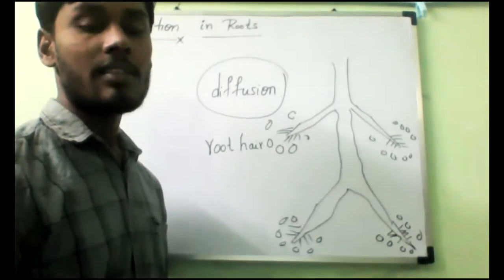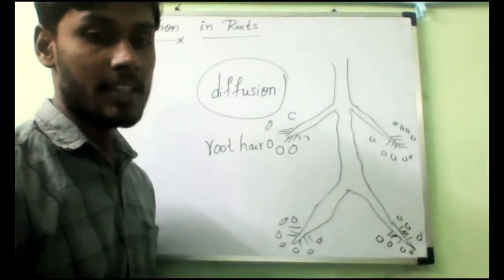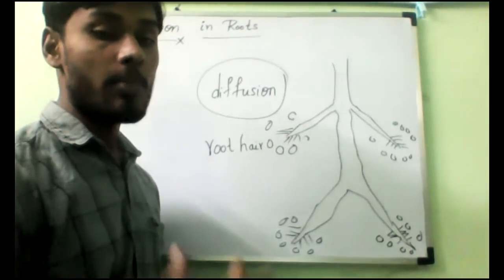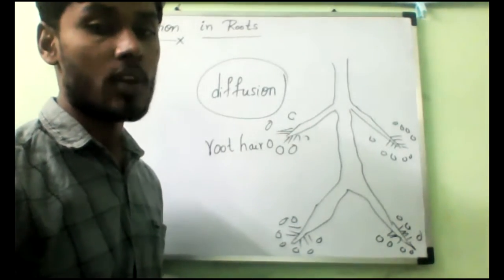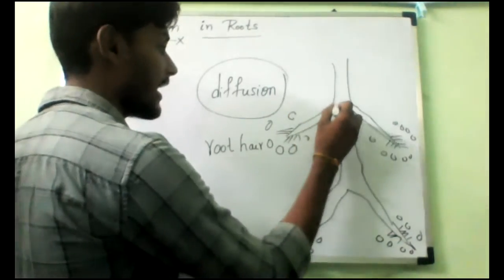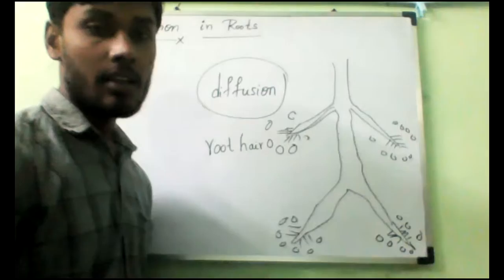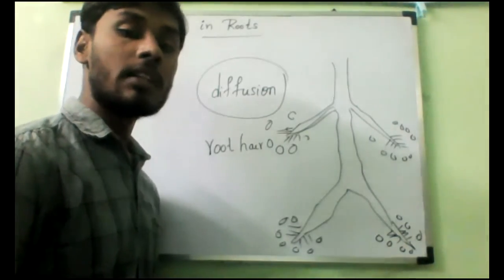And as the respiration process takes place, they will again produce carbon dioxide gas. The carbon dioxide produced in the cells of the roots during respiration again moves out through the same root hair by the process of diffusion.